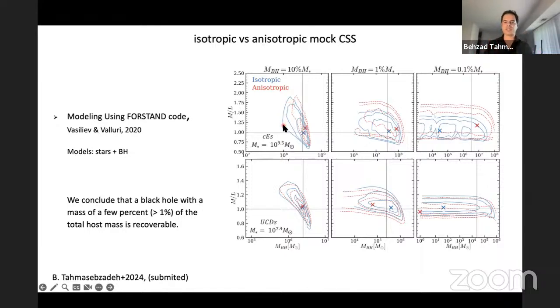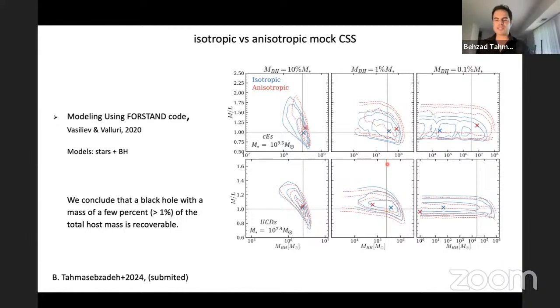So our conclusion is, as long as we have a 1% black hole in our system, we can still accurately constrain the black hole. You see, this cross is the best-fit model. If you consider the first contour, it is the 1 sigma contour. So usually the best-fit model is within 1 sigma.